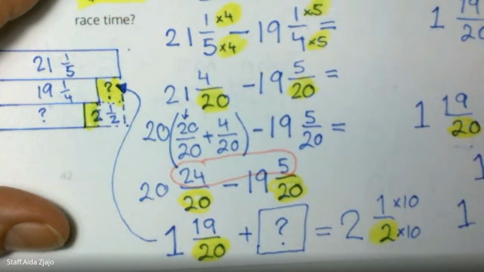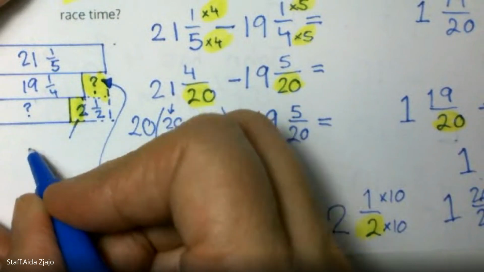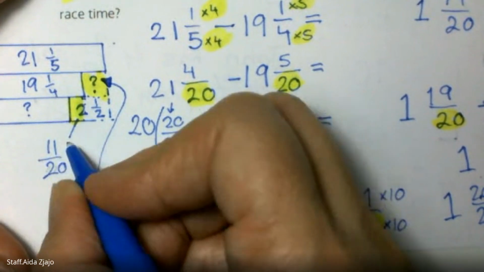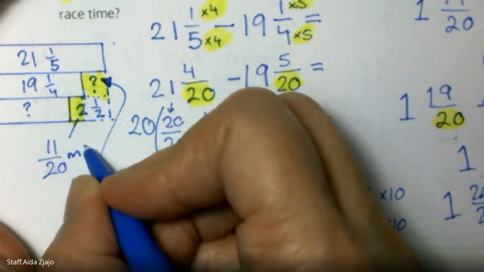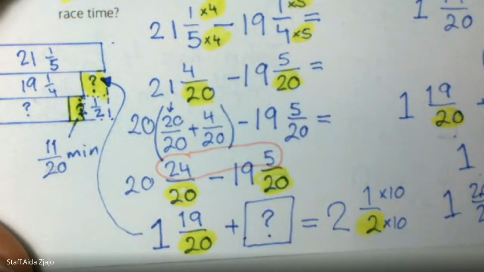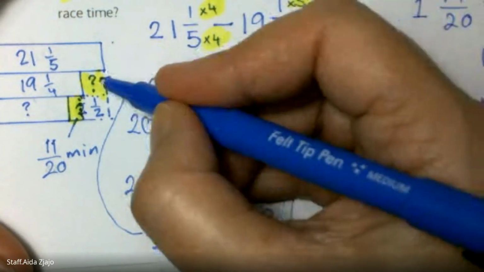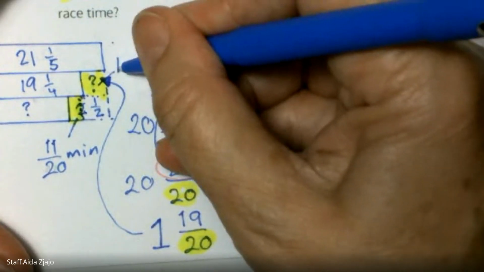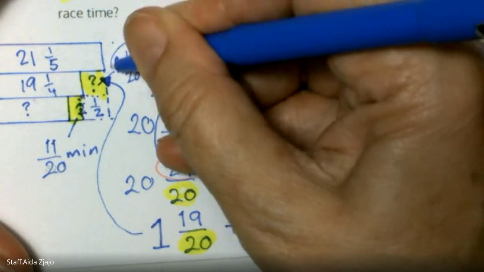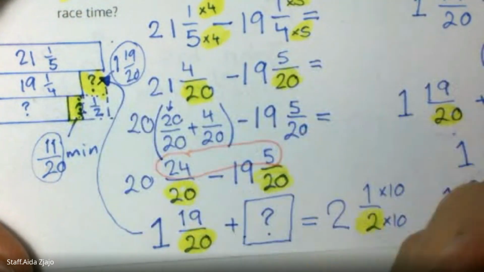From the picture, this part is what he needs to lower: 11/20 minutes, about this much. Because this, which we found is 1 and 19/20, together with this makes 2.5 minutes.